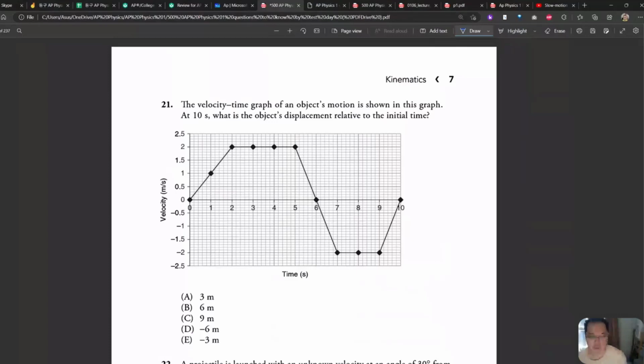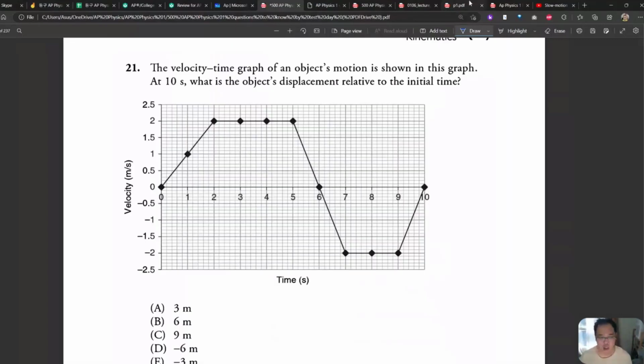Number 21. Velocity time graph of the object's displacement relative to the initial time. The question is about displacement. Remember that displacement is different from distance. For example, you move from A to B in an arbitrary path like this.